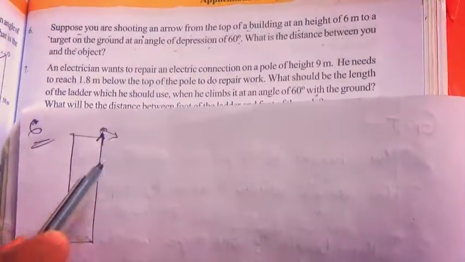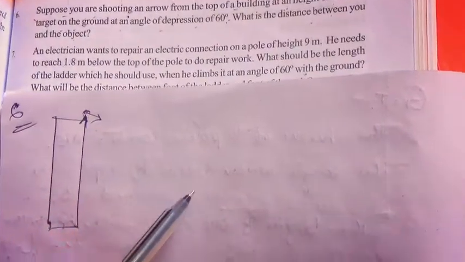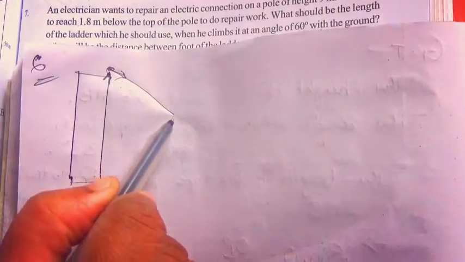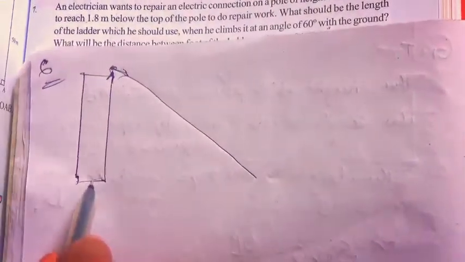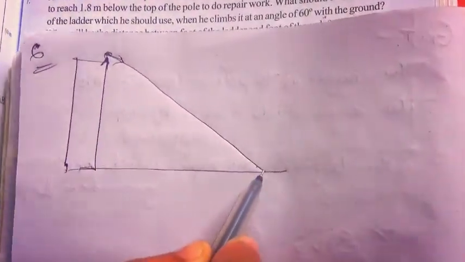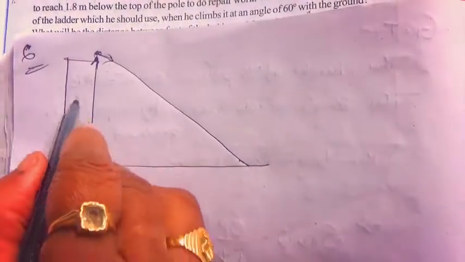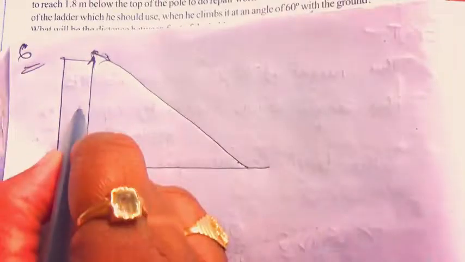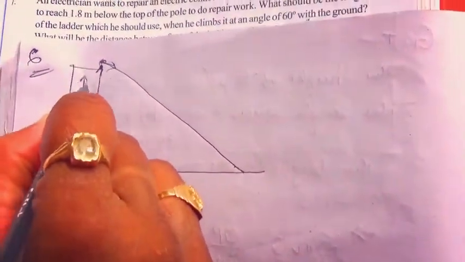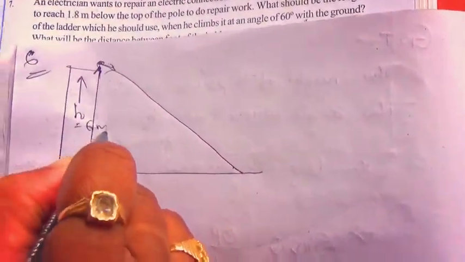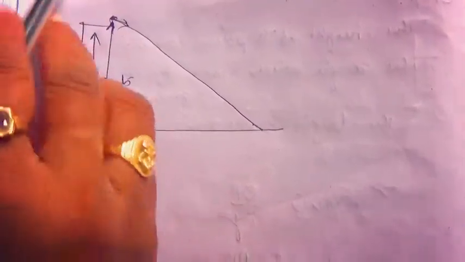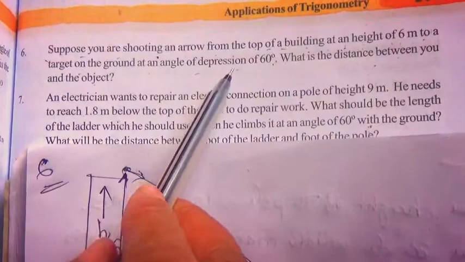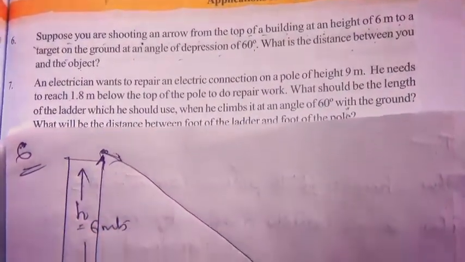He shoots one arrow from the top of the building at a height of 6 meters. So the height of the building is 6 meters. Target on the ground at an angle of depression 60 degrees.